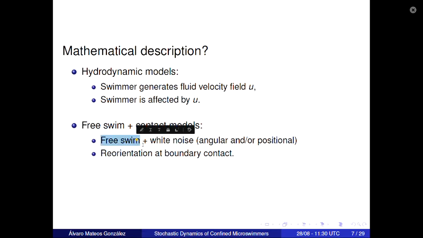So you've got a free swim with some white noise in position and direction, and you also have some reorientation at contact with the boundary. Of course, there are also models with run and tumble, but for the purposes of this presentation, let's start with these white noise models.